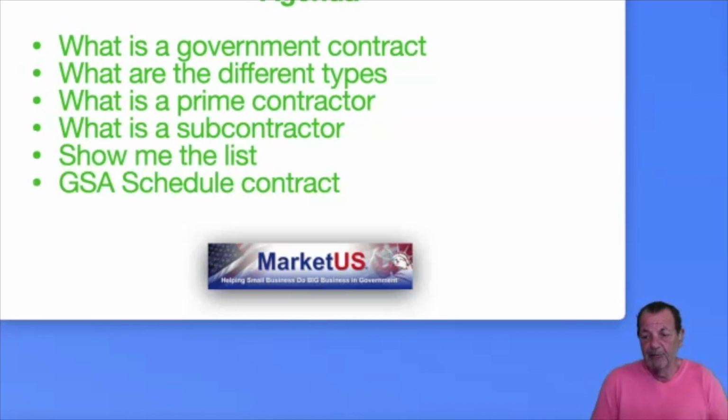You can either be a prime contractor or a subcontractor. We'll get into that. Those are the different types. And we're going to define what is a sub and what is a prime. And of course, I'm going to show you the list of all the contracts. Well, not quite all, but just the main ones, the ones that are most popular. And of course, my favorite, as always, is GSA contract.